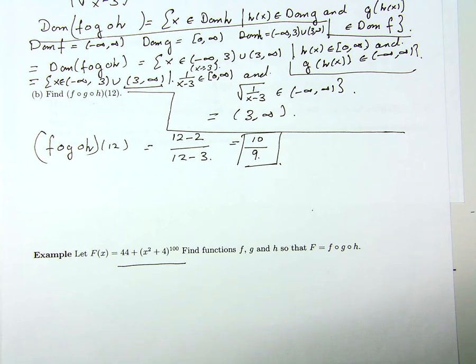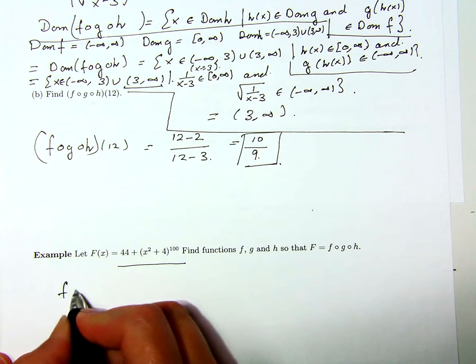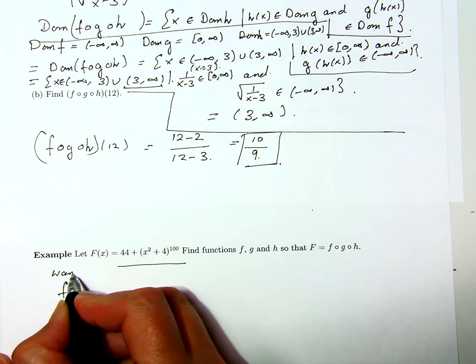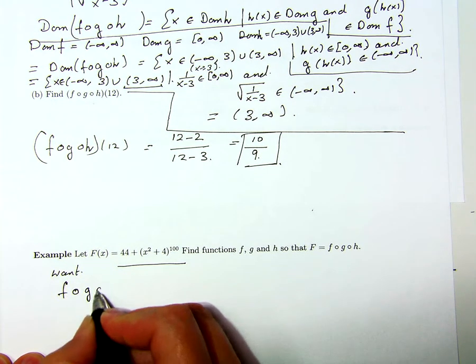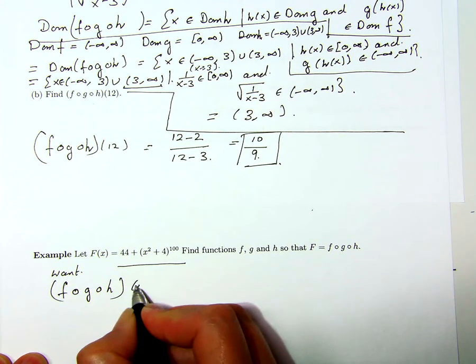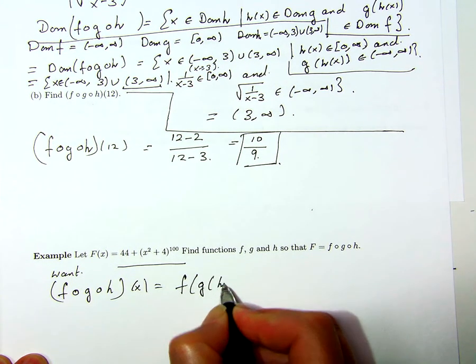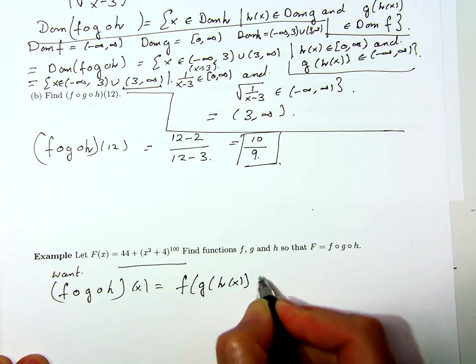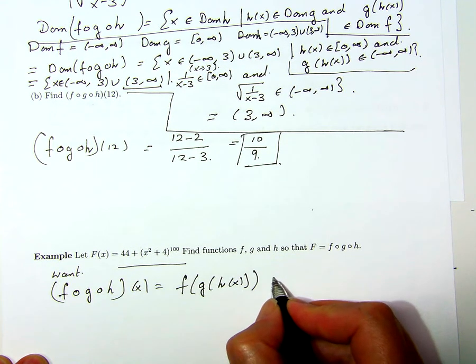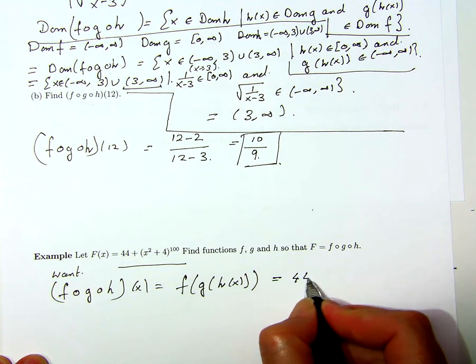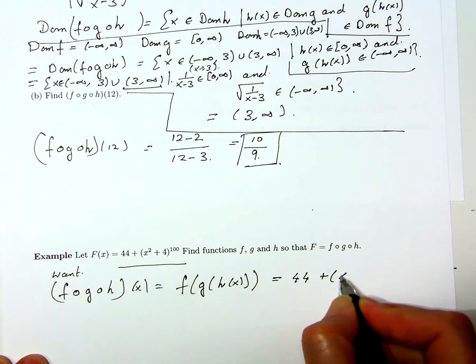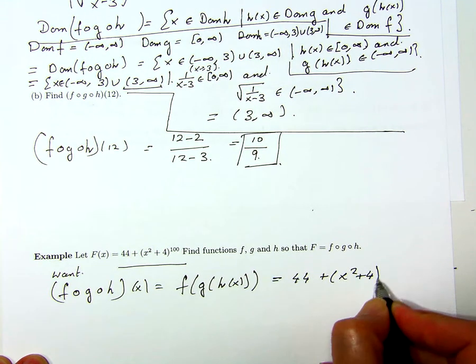So again, you're going to do this in steps. So we want f after g after h of x, which is f applied to g after h of x, and we want that to be equal to 44 plus x squared plus 4 to the 100.